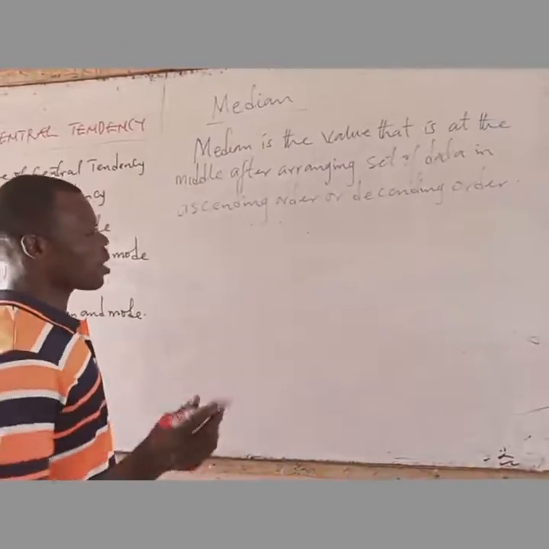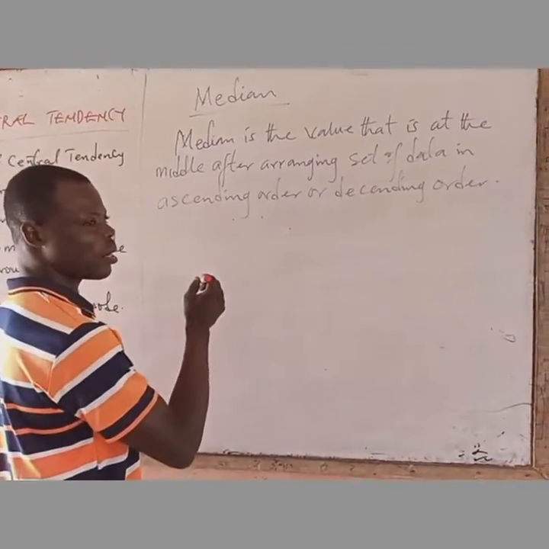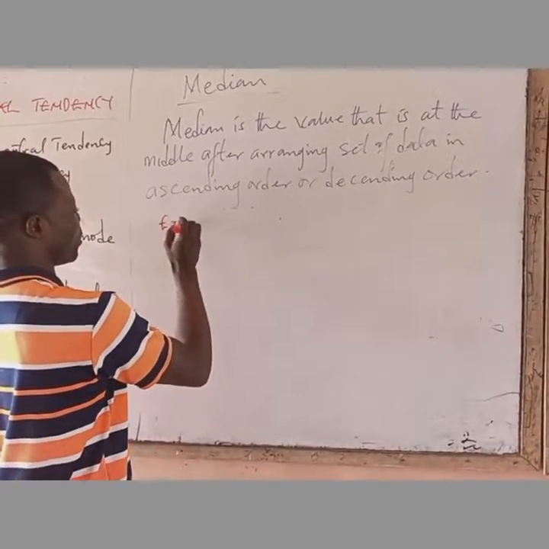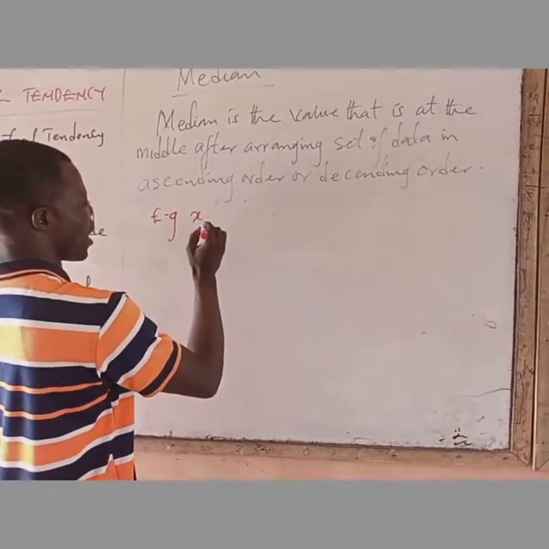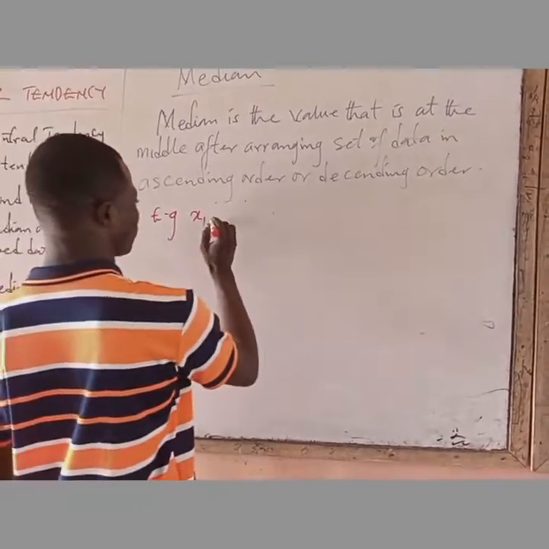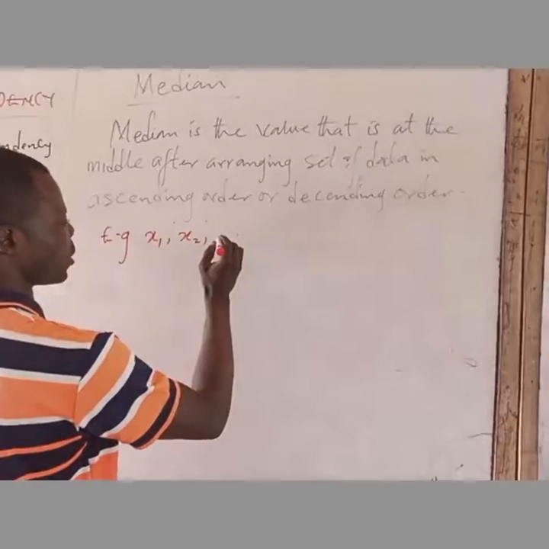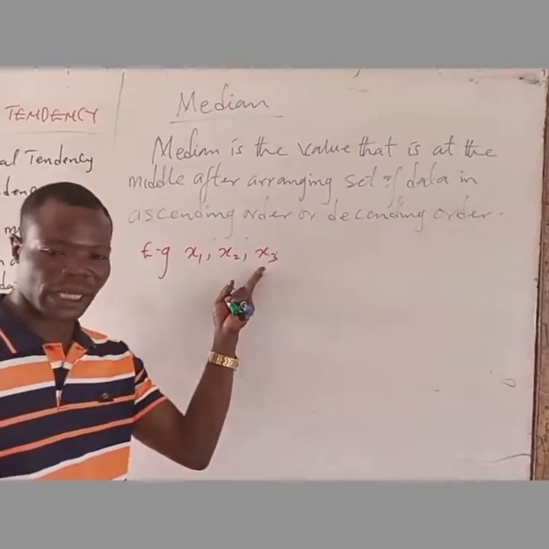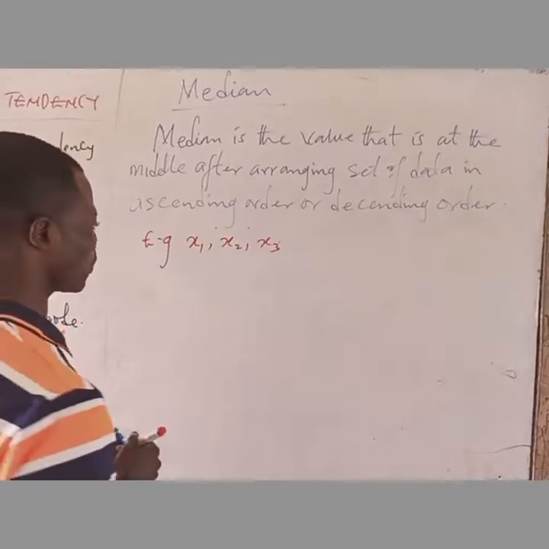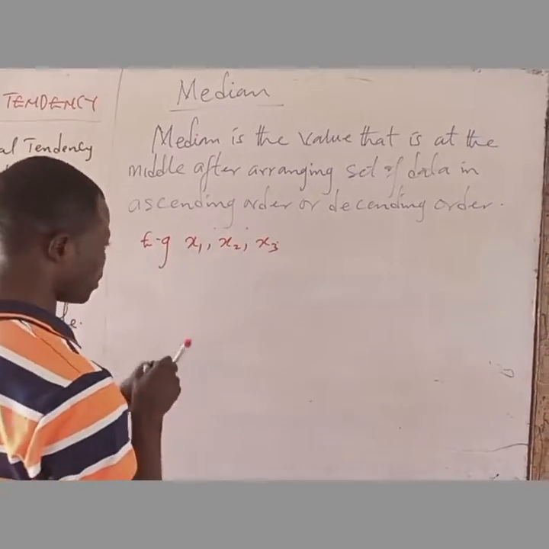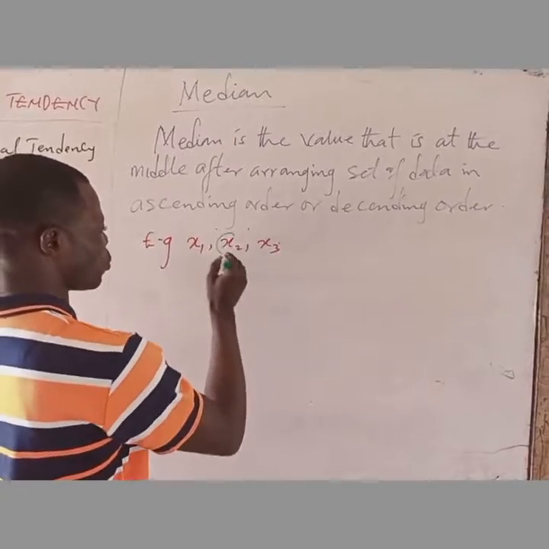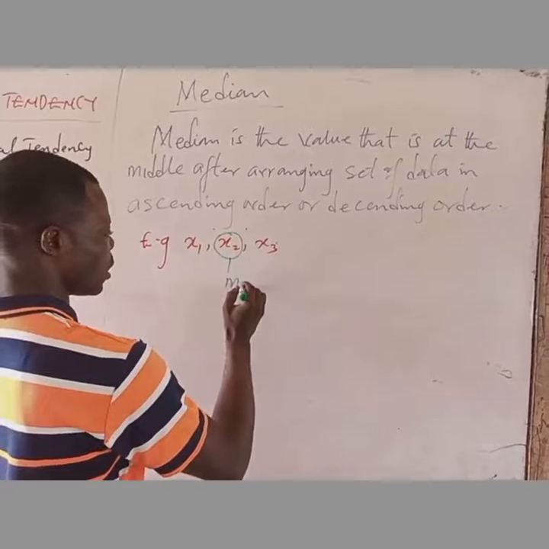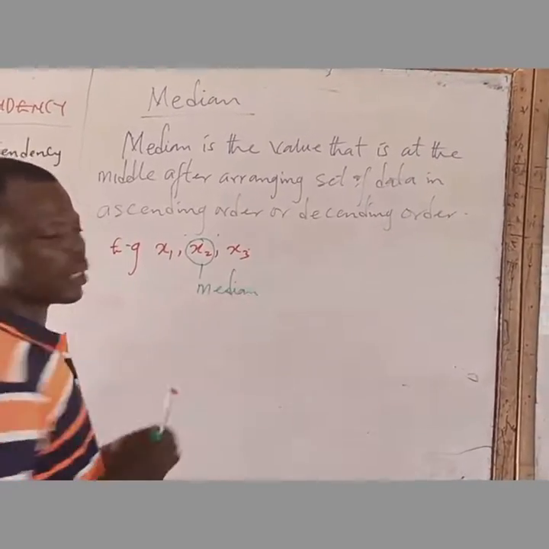For example, let's say you have this set of data. Let's say you have x1, x2, x3. Provided that this arrangement is in ascending order, we discover that this x2 is the value at the middle. So this is our median.